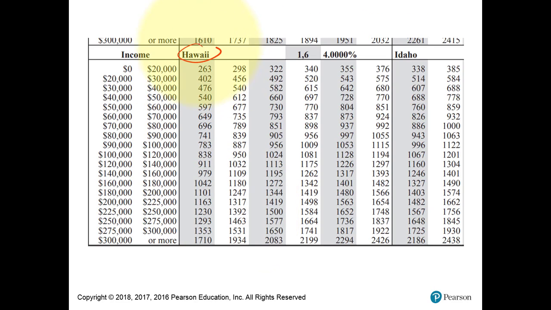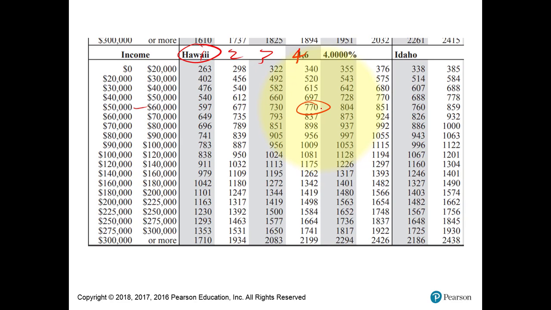So for Hawaii, what you would do is look up the amount of income you have, including non-taxable income, in these ranges. So let's say you have between 50 and 60,000 of income, and your family size is 1, 2, maybe 3 people, maybe 4 people. So right here is the estimated amount of sales taxes you had incurred during the year.